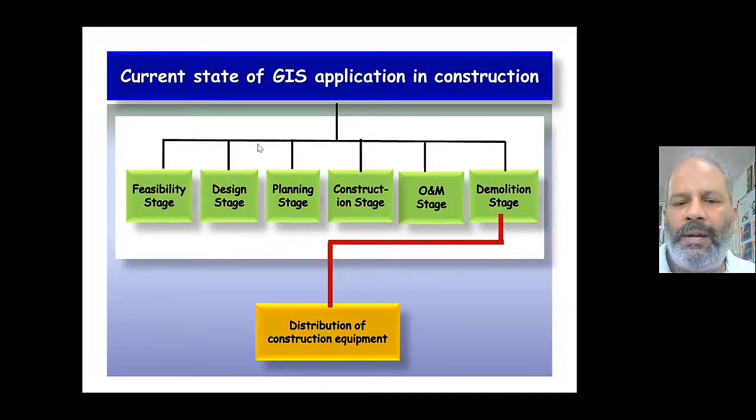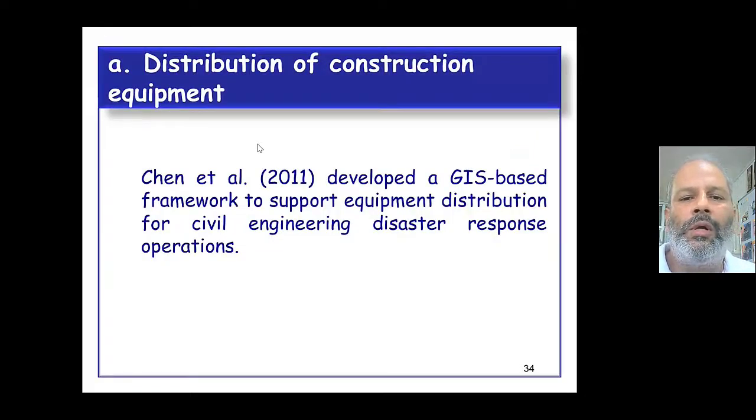At last, in the demolition stage, the application reported is the distribution of construction equipment. This study developed a GIS-based framework to support equipment distribution for civil engineering and disaster response operations.